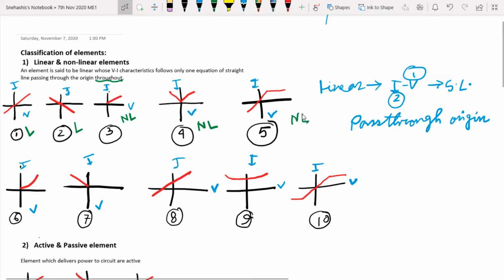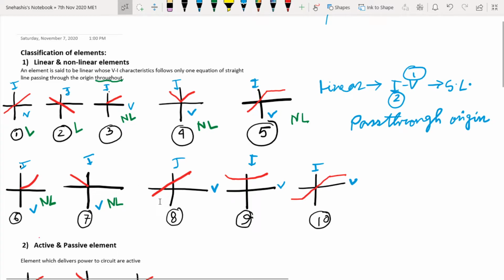That's why it is a nonlinear element. In diagram number 6, it is clear that it is not a straight line, nor is it passing through the origin, so it is also a nonlinear element. On the same analogy as figure number 3, figure number 7 is also nonlinear. It is not throughout.